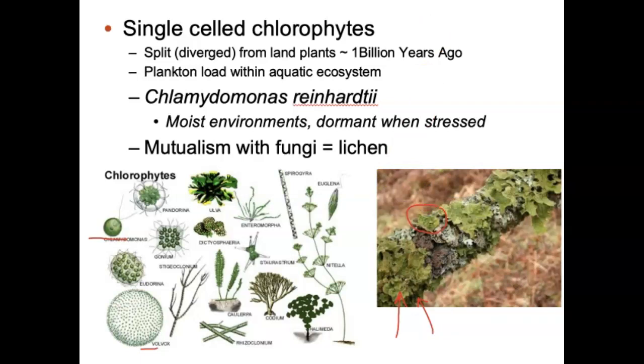And we're going to talk about lichens later in this unit when we get into fungus. But again, a pretty diverse, very widespread group of organisms. Some of these guys will be found in terrestrial environments, marine environments, all over the place.